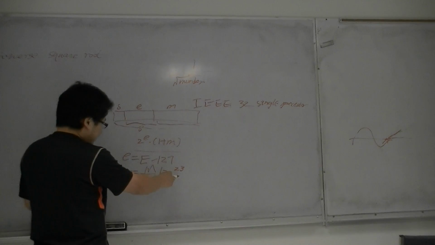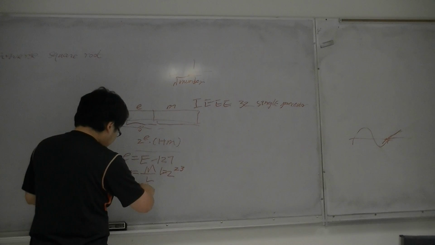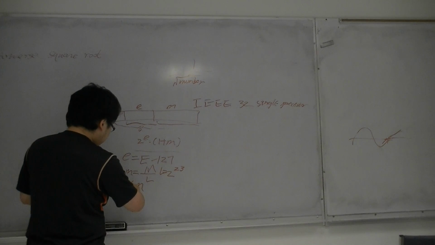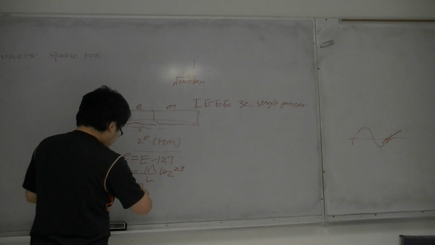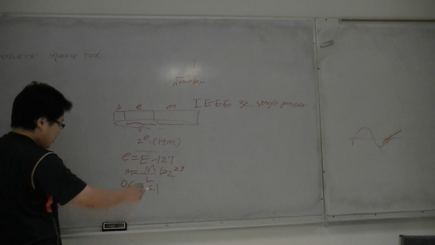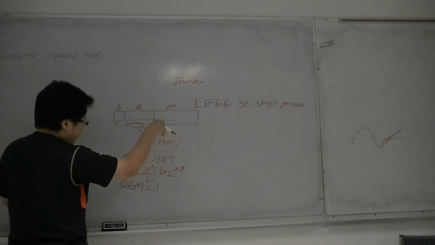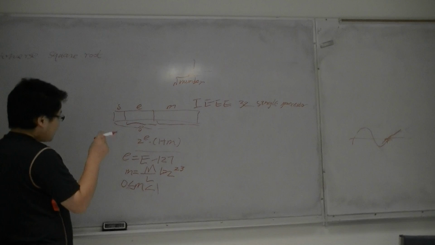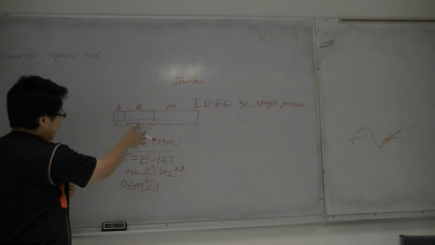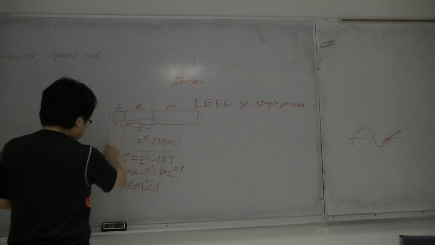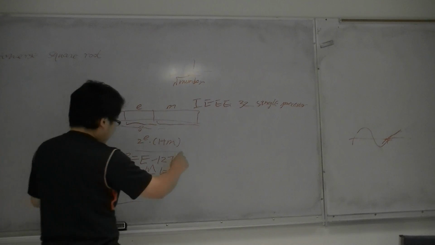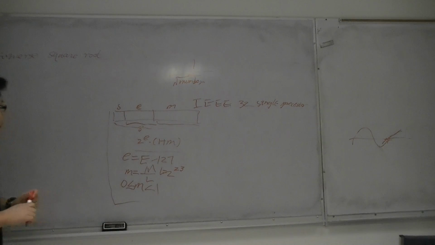The bigger value is this. So M is between 0 and 1. This normalizes the M. By this, we can express the value here. This is the attribute of the normalized expression.